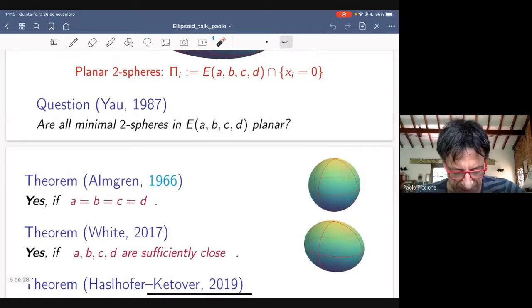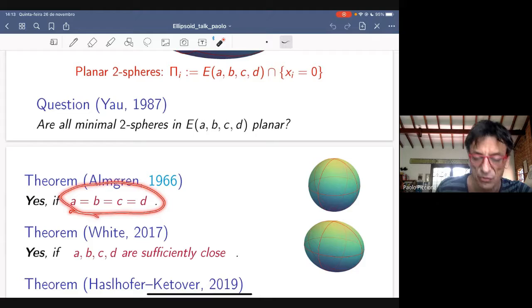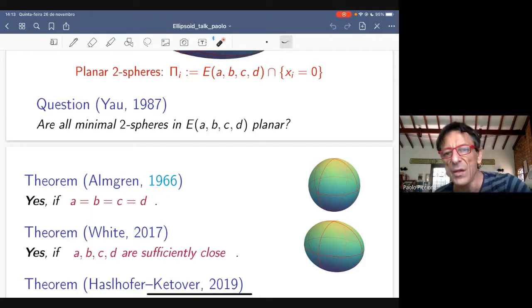Okay, in 1966, Almgren proved that the conjecture of Yau is in fact true if all the axes of the ellipsoid are the same. So if you take a round 3-sphere, the only minimal 2-spheres are equators, okay?